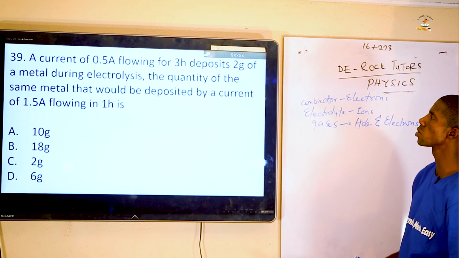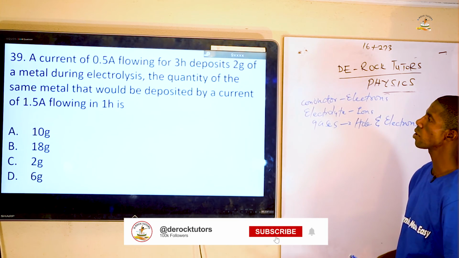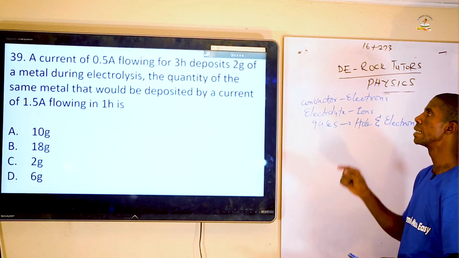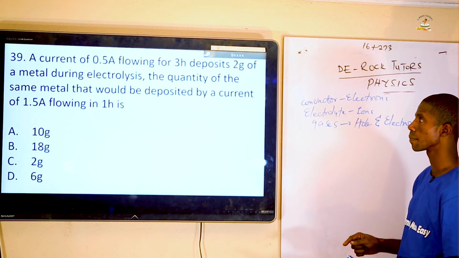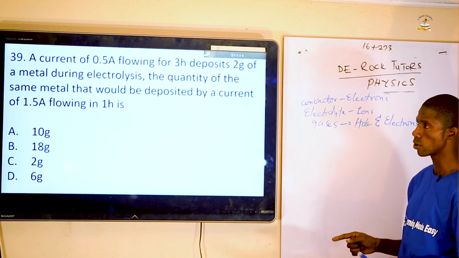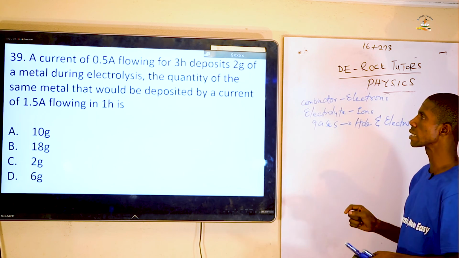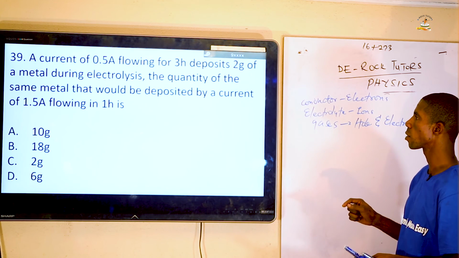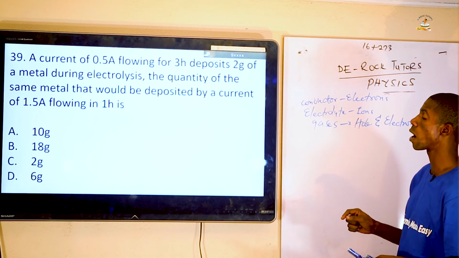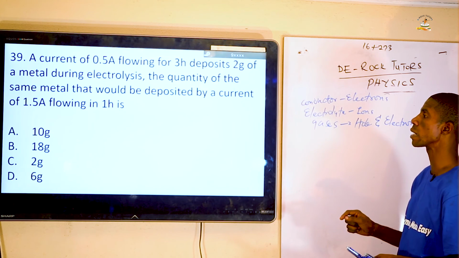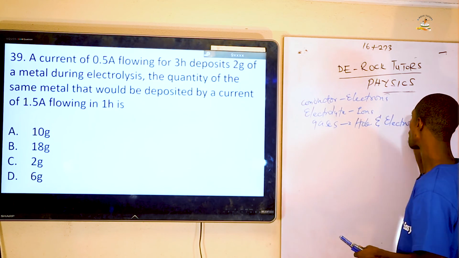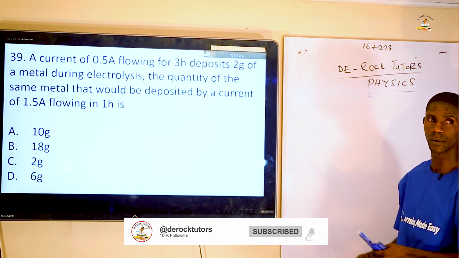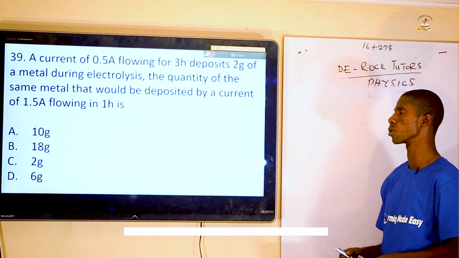For this next question, a current of 0.5 ampere flowing for 3 hours deposits a mass of 2 grams of a metal during electrolysis. The quantity of the same metal that will be deposited by a current of 1.5 ampere flowing in 1 hour is? So what we have to do is check Faraday's first law.